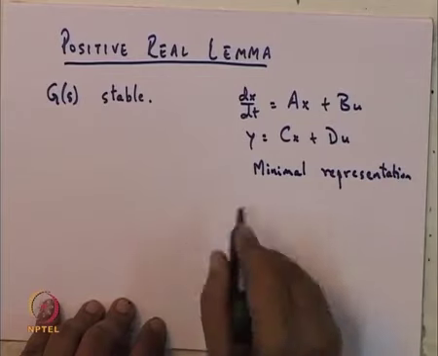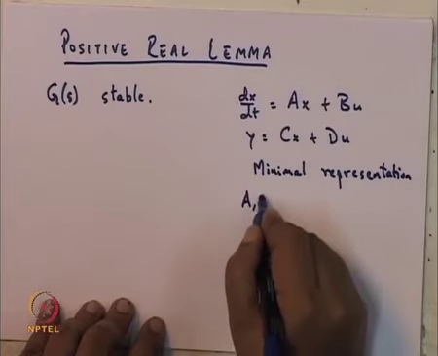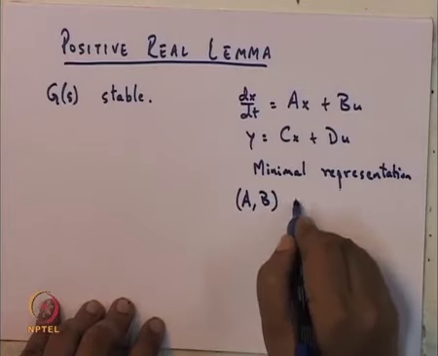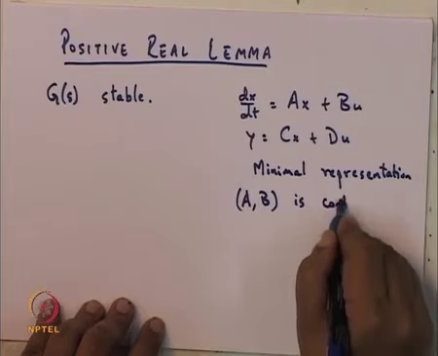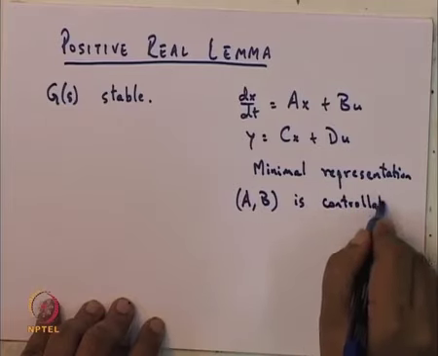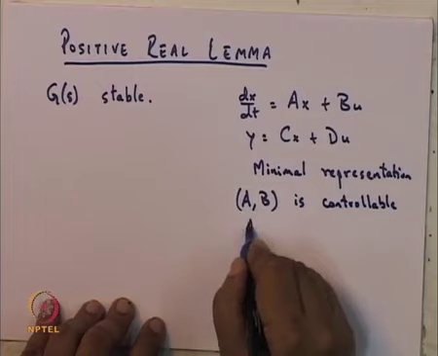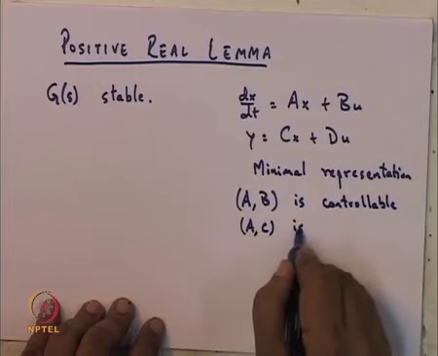So, the minimal representation essentially guarantees that (A, B) is controllable and (A, C) is observable.